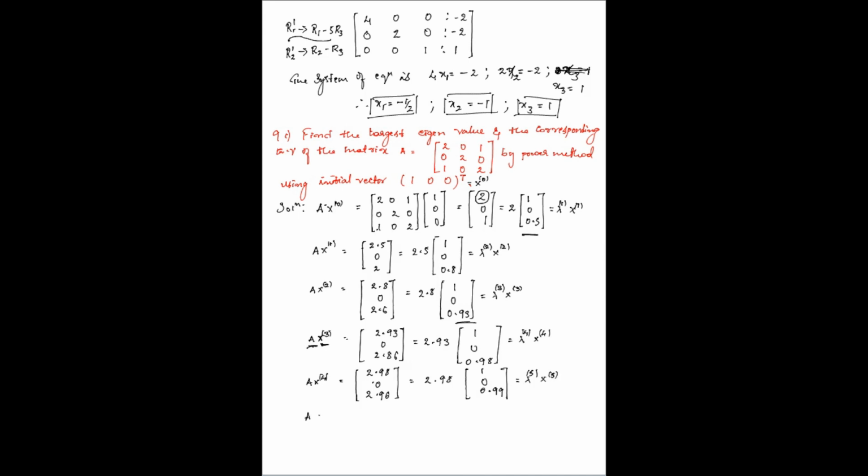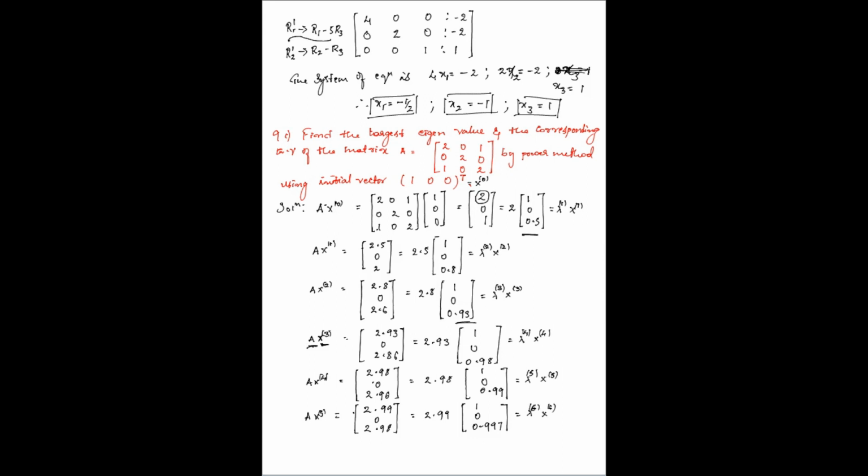Multiplying with Ax5, I get 2.99, 0, 2.98, which is equal to 2.99 multiplied with 1, 0, 0.997. This is lambda 6 and x6.